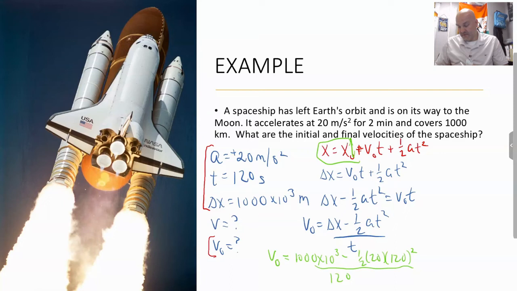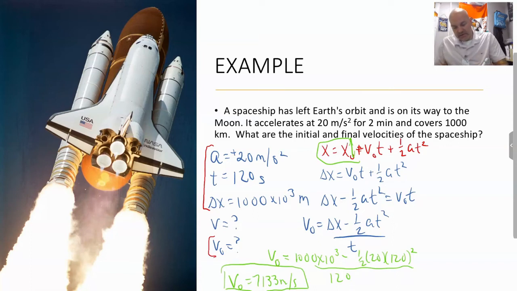So 1,000 times 10 to the 3 minus 0.5 times 20 times 120 squared. That's 856,000 divided by 120. So our initial velocity is 7,133 meters per second.